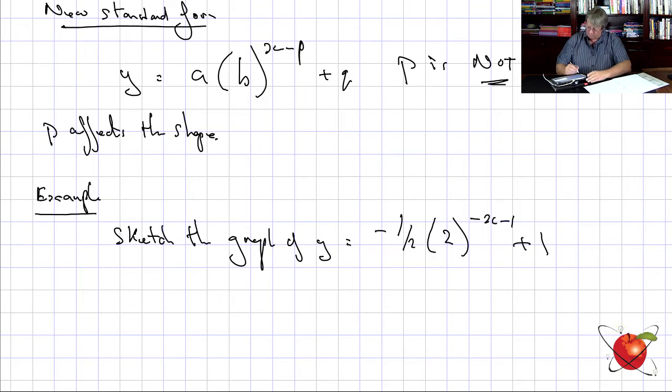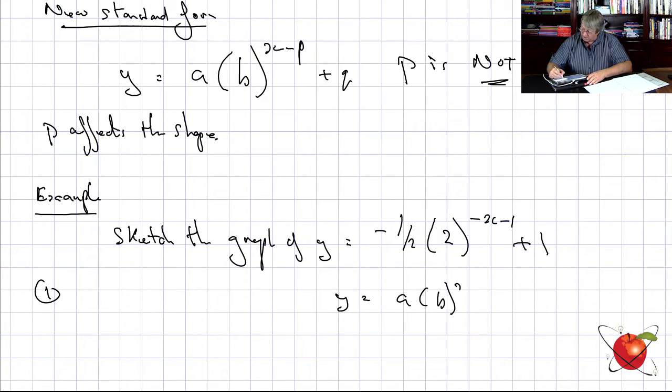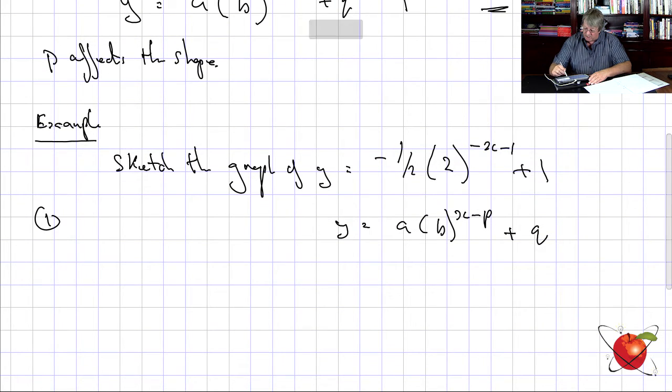Step 1, we're now looking for the standard form. So I write down here a b to the x minus p, plus q. Well, straight away you can see we've got to do a bit of rearranging because that's minus x and here's an x. So I can't leave it like that. I have to do a little bit of manipulation.